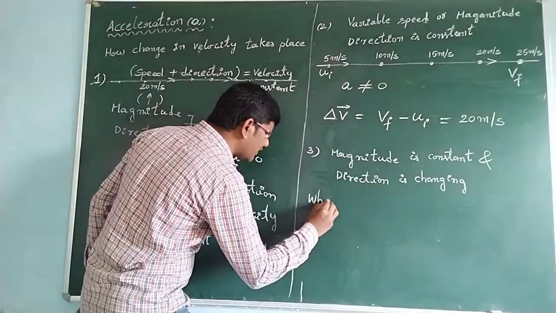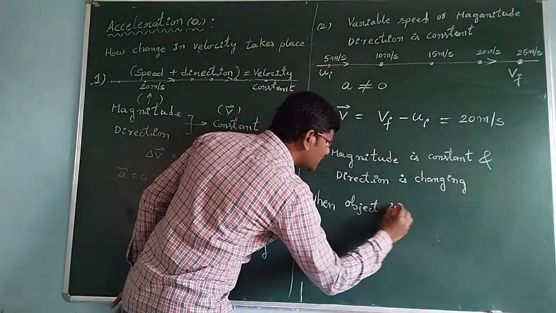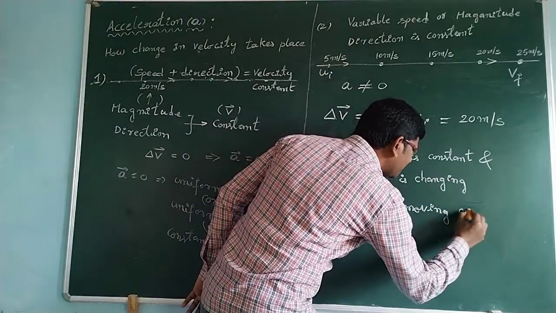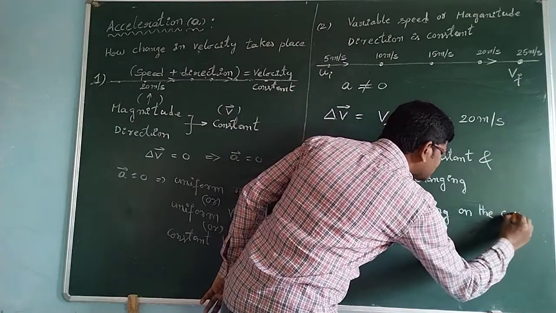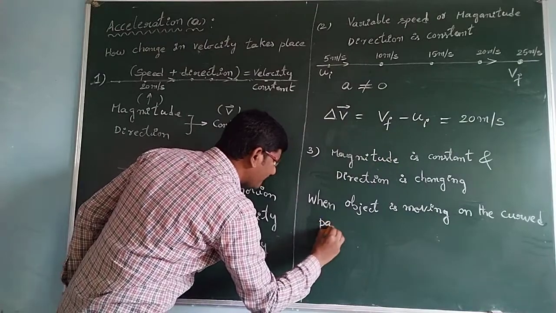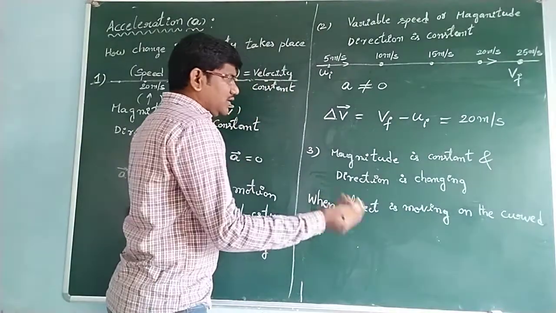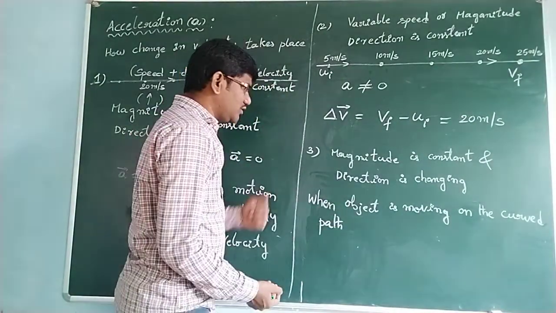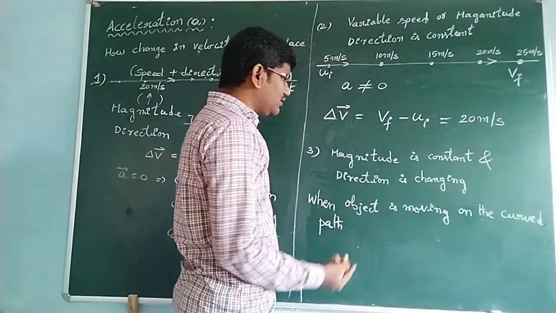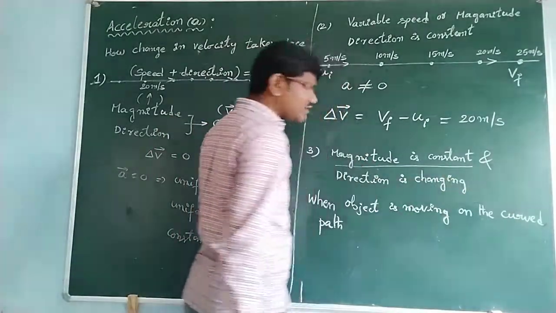When the object is moving on the curved path with a constant speed, okay students, the magnitude is constant, that is, speed is constant, I have taken.